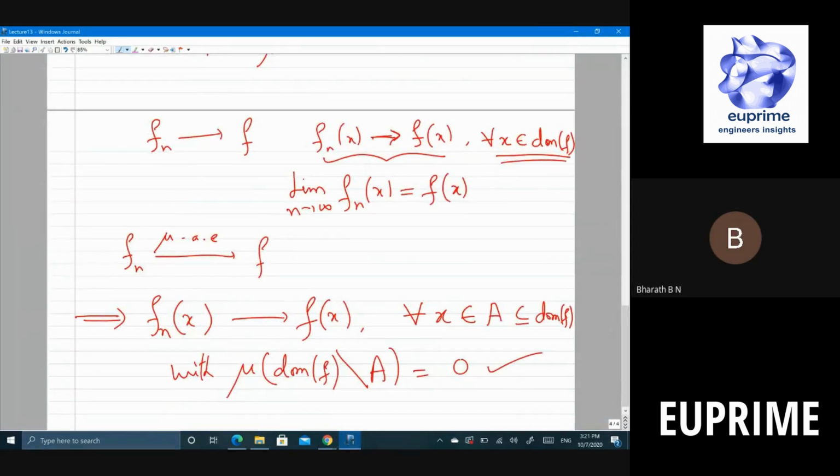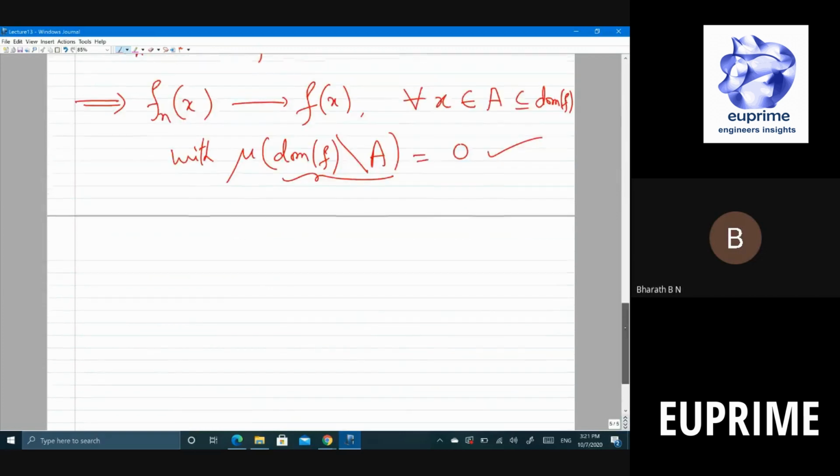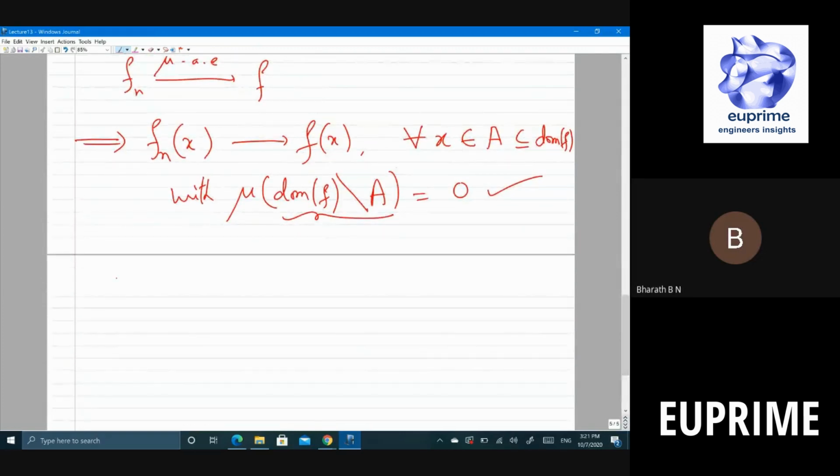What I'm saying is, look at all those points where Fn does not converge to F has measure 0. If it is probability, what do you mean by Xn converging to X almost surely? The moment I say almost surely, that means the measure is a probability measure.